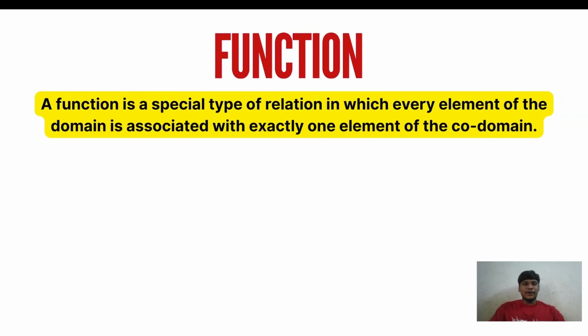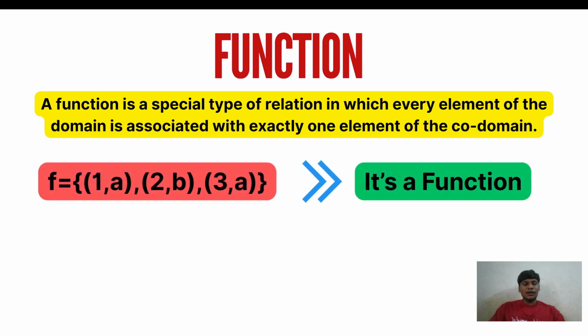Okay, function. A function is a special type of relation in which every element of the domain is associated with exactly one element of the codomain. For example, we can see f is equal to {(1, a), (2, b), (3, a)}. Here, every domain element is associated with a codomain element.